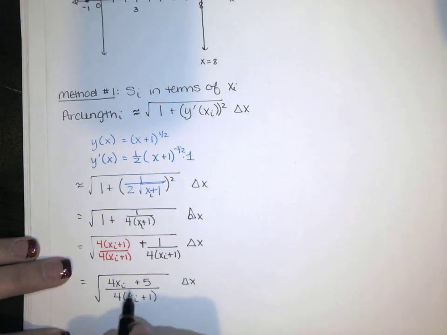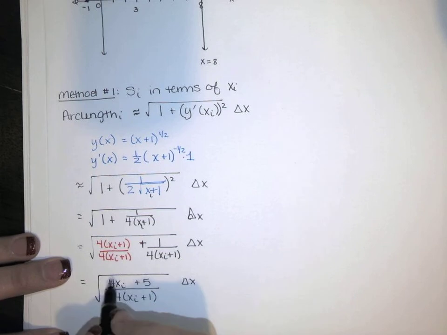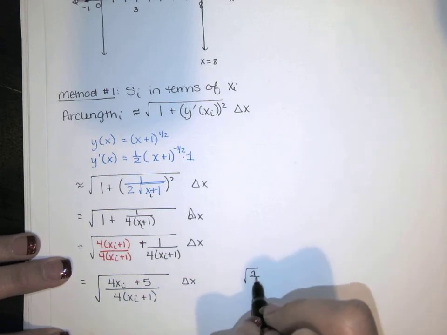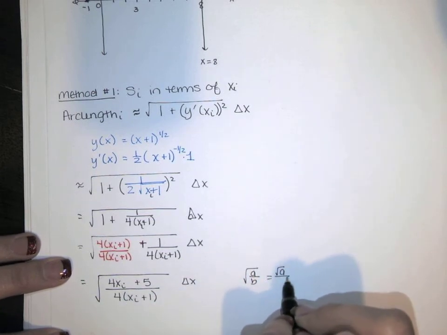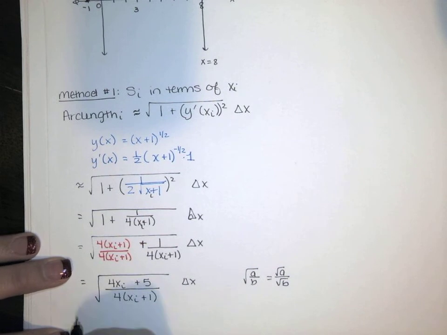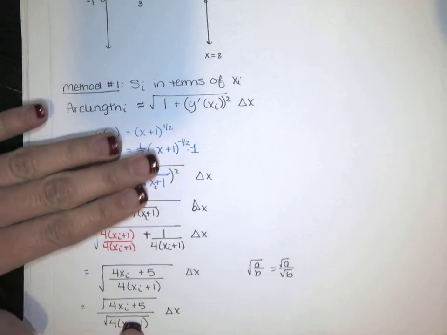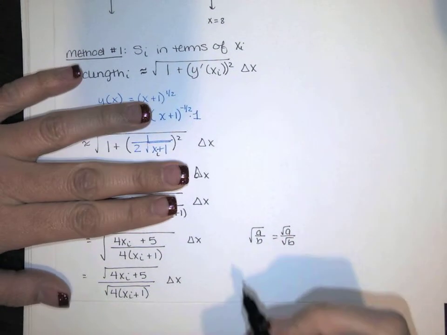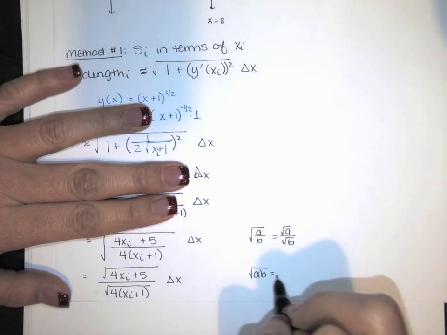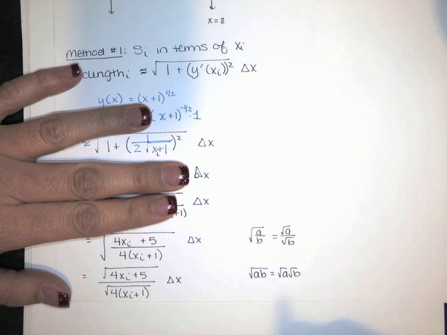Now if I've got a square root of a fraction, I can just take the square root of the denominator and numerator separately. That's legal. Now this can be simplified further because the square root of a times b is the square root of a times the square root of b, and I know how to find the square root of 4, so it simplifies really easily.